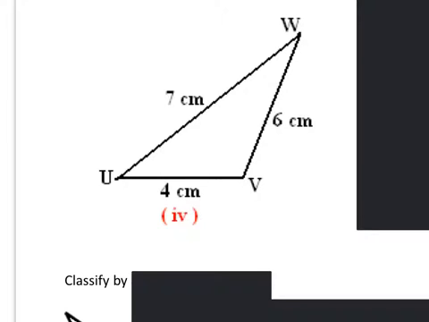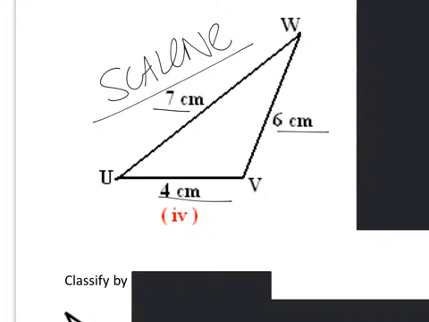Unpause the video and I'll tell you. All right, so you finished drawing this triangle. Go ahead and turn around, verify that you drew it correctly. This triangle has side lengths of 7 centimeters, 6 centimeters, and 4 centimeters. It is a scalene triangle. Okay, excellent job, guys.